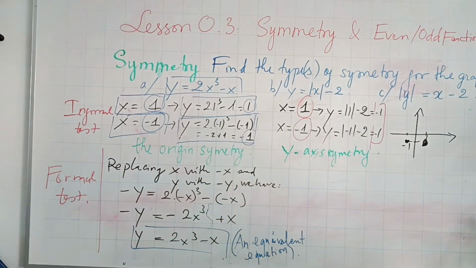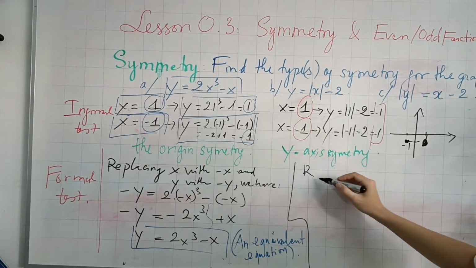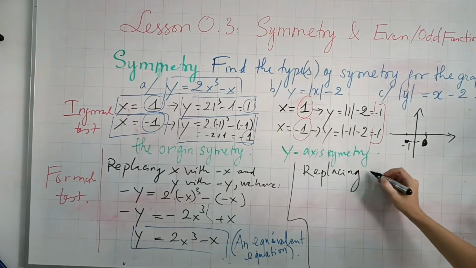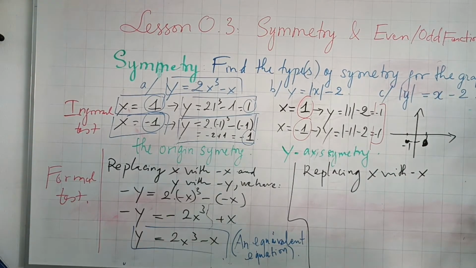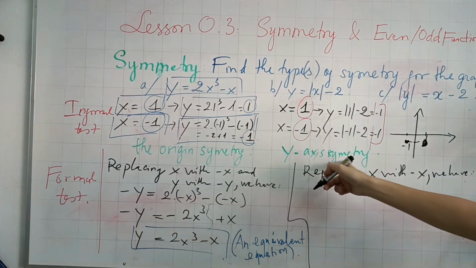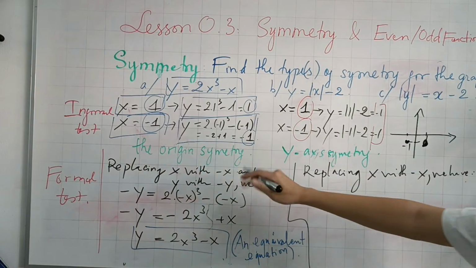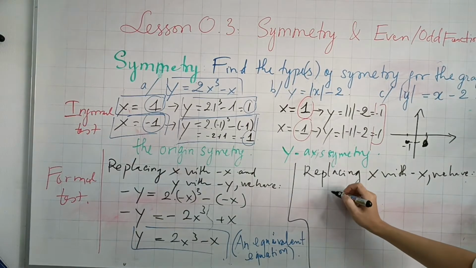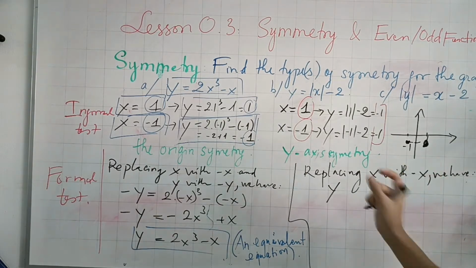And in the formal test, we write replacing x with -x. Because it is y-axis symmetry, you can test it by the informal test. And you write down here, x with -x, we have y, it's also y because we don't change y.